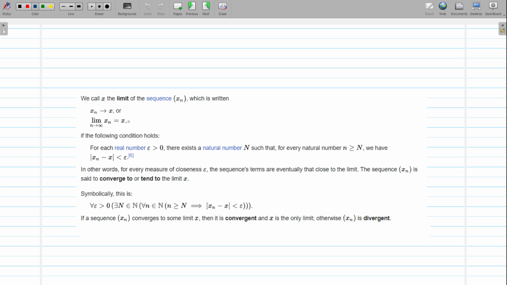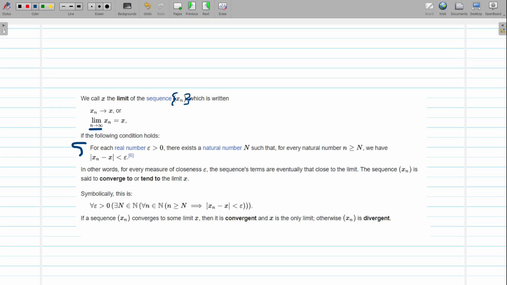Now the first part here is saying, so we call x the limit of the sequence x sub n. Now remember that the notation we've adopted here is we want to use the curly braces, but this is basically the same thing, right? So we call x the limit of the sequence x sub n, which is written as: the sequence x n is going to go to some number x as n goes to infinity, or the limit as n goes to infinity of the sequence x sub n is going to be equal to x.